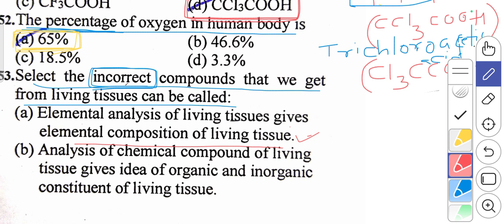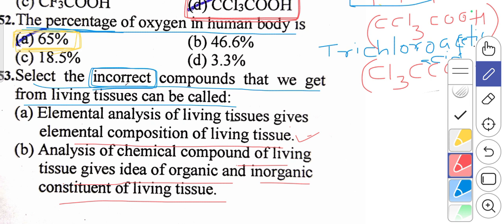Analysis of chemical compounds of a living tissue gives an idea of the organic and inorganic constituents of a living tissue. After understanding the chemical analysis, we can come to know what are the different components present in a living tissue.